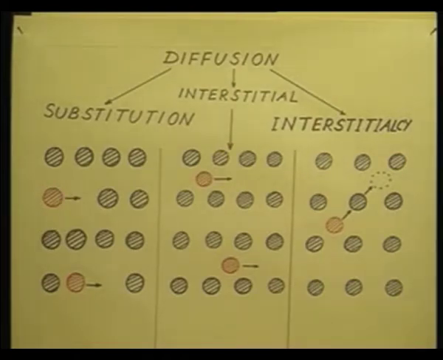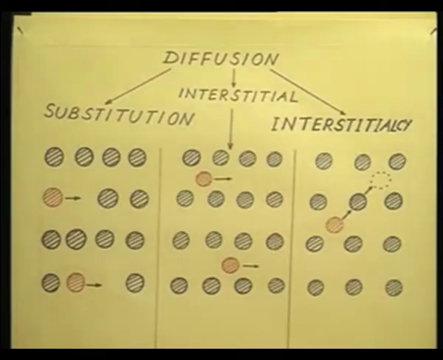The vacancies exist in a real crystal. So, now under this concentration gradient, and because of the presence of this vacancy, this dopant atom can now move into the vacant site as depicted by the black arrow here.